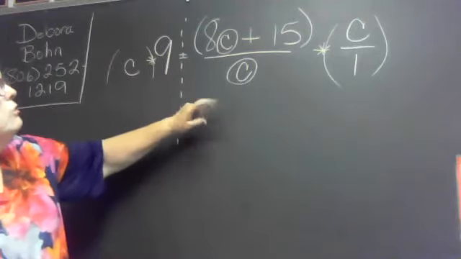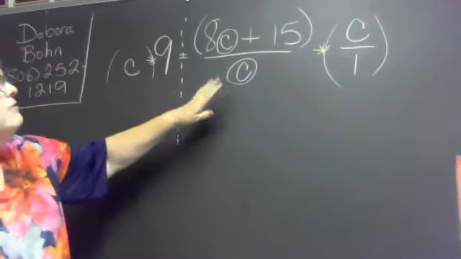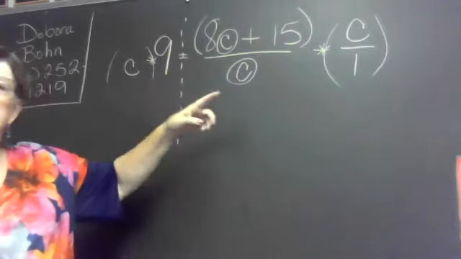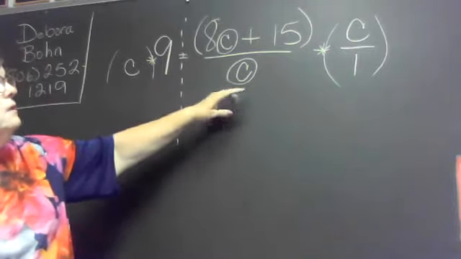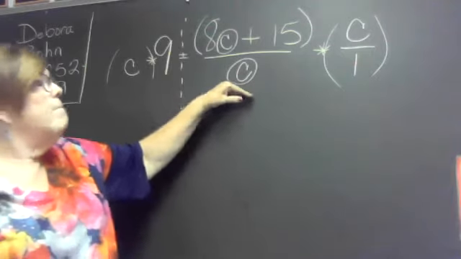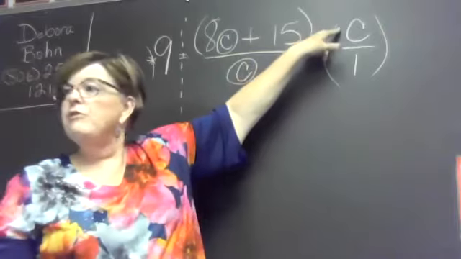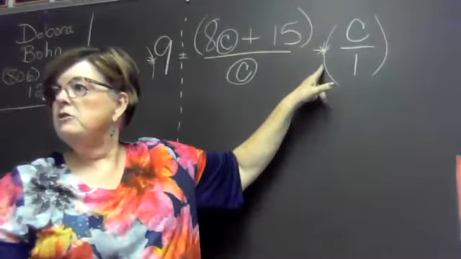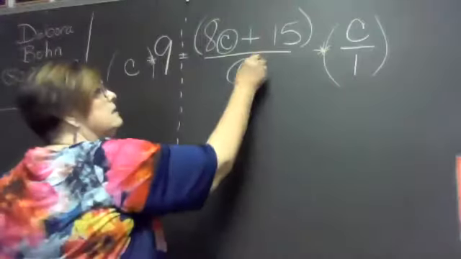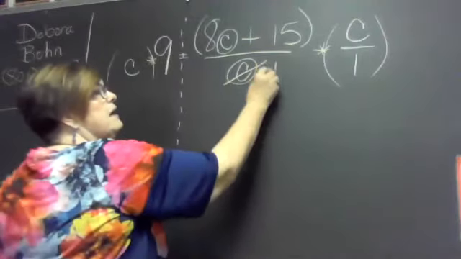Since I'm dealing with a fraction here, I want to make this a fraction also. We have found out that if we have a number, which would be a variable in this case, as a denominator that matches a number that's a numerator in a multiplication problem, those will both divide by C. When I divide this by C, I get a 1.